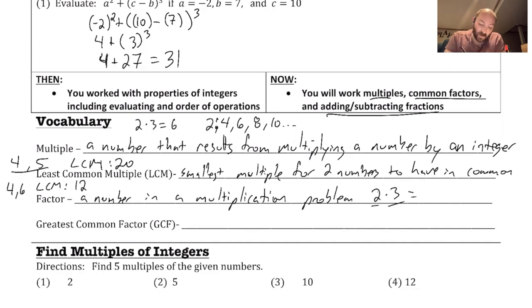So I would say that 2 and 3 are factors of 6, because both numbers are in the multiplication problem there. Greatest common factor is the largest factor in common between two numbers.